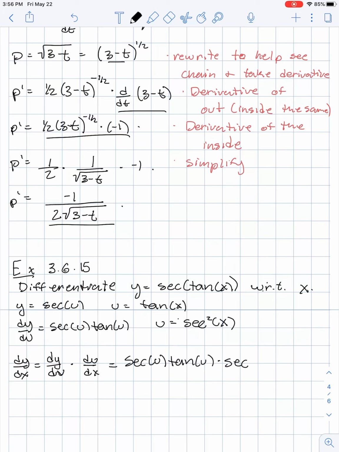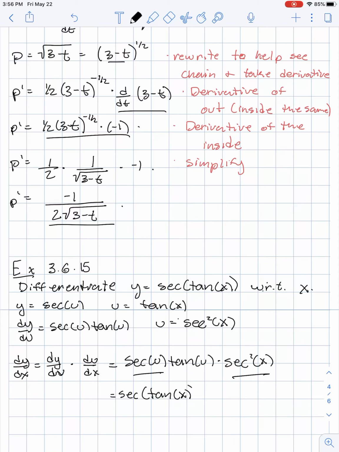So we get secant u tan u times secant squared x. Don't think that you can combine these two secants and be like, oh, it's secant cubed. No, this one is secant of u, this is secant of x. Two different things.